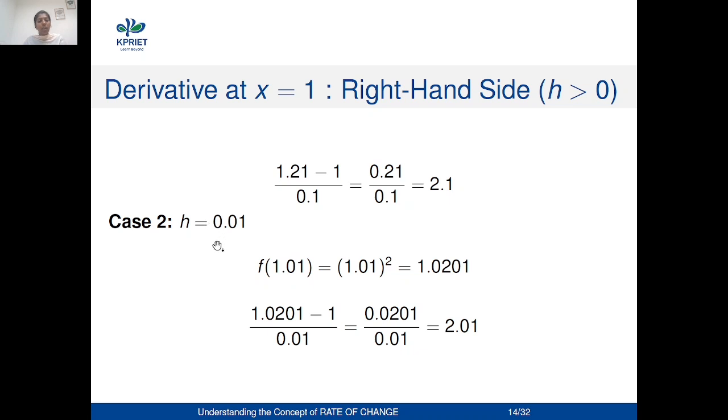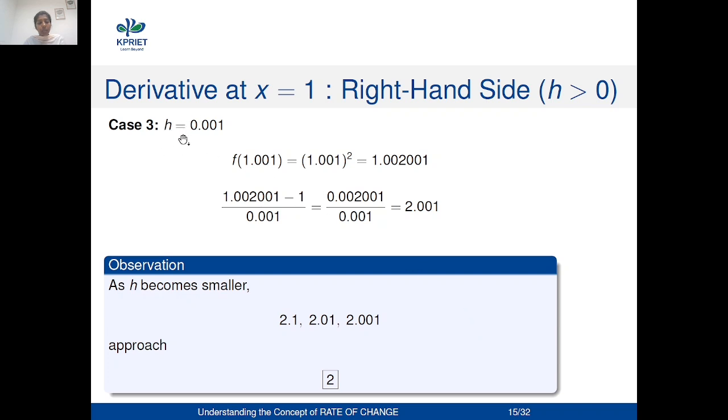Similarly, if I consider a smaller value of h, it becomes 1.01. So the square of this number is 1.0201. According to the right hand formula, it is 2.01. As you can observe here, when the h value becomes smaller, the answer is converging to the number 2.